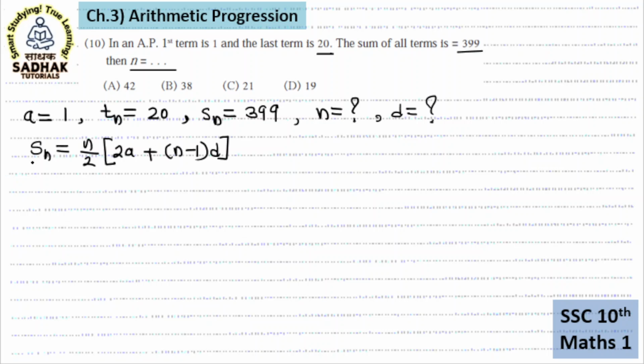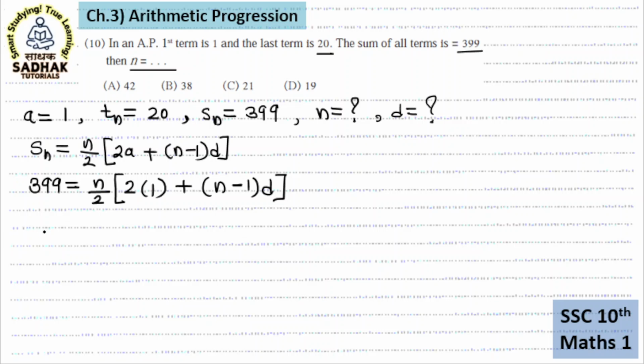Okay, so here Sn is given as 399, so let me write 399 there. N we don't know, so we have to keep it as n only, n upon 2. A is 1, so that is the first term, plus n minus 1 we don't know, and d also we don't know.